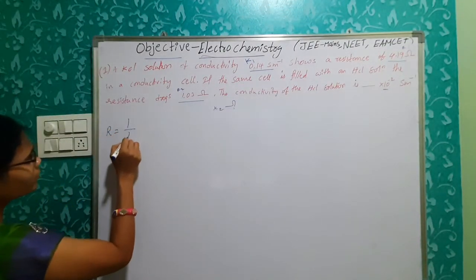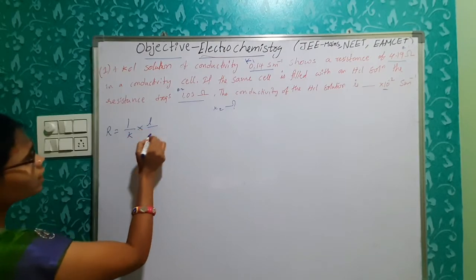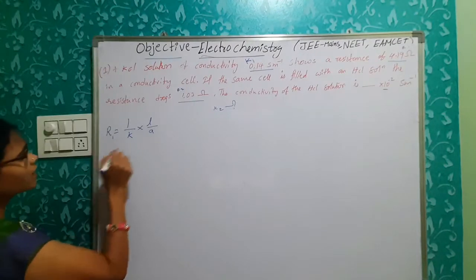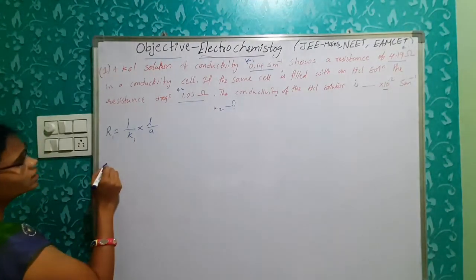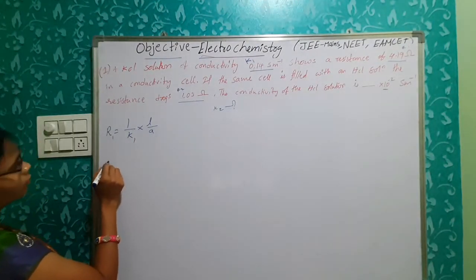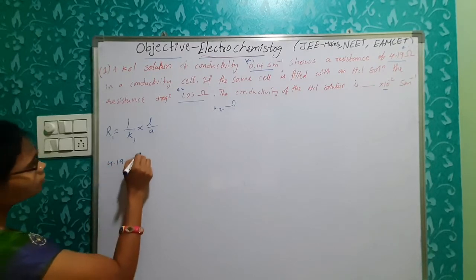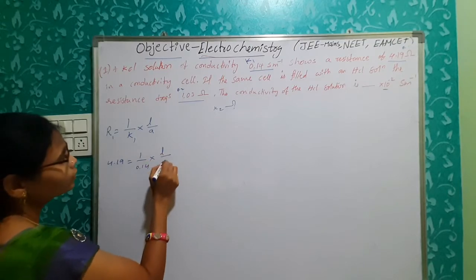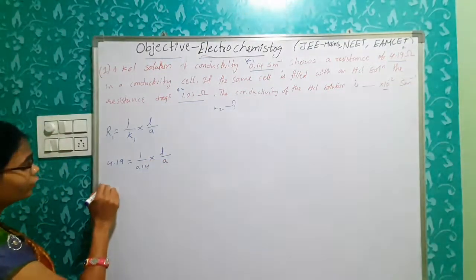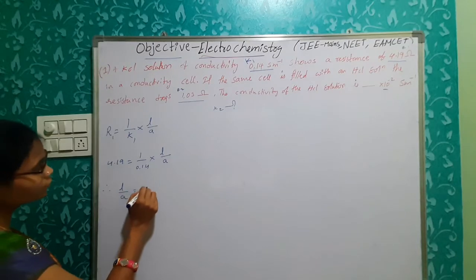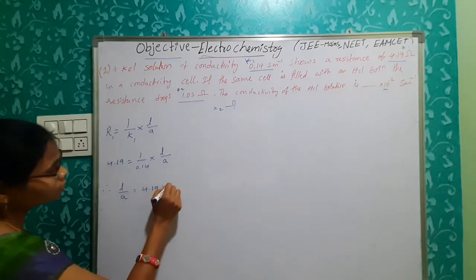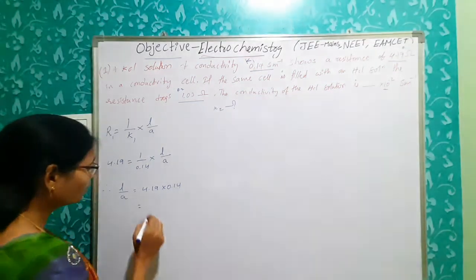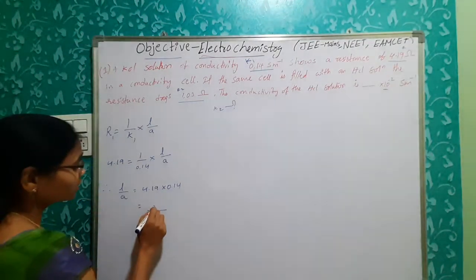Resistance is equal to 1 by specific conductance into L by A. So R1 is given as 4.19, that is equal to 1 by 0.14 into L by A. Therefore L by A is equal to 4.19 into 0.14. Suppose this is X.